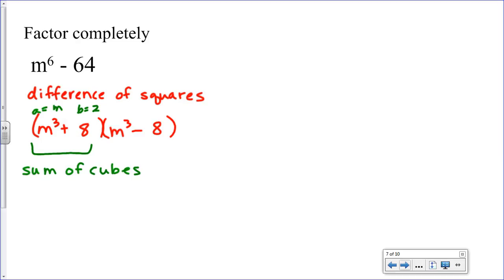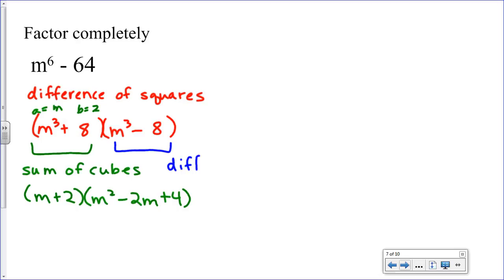Okay, so when I factor this, I'll have n plus 2, and then I have n squared minus 2n plus 4. Okay? That's how that sum of cubes should have factored. This one is the difference of cubes.